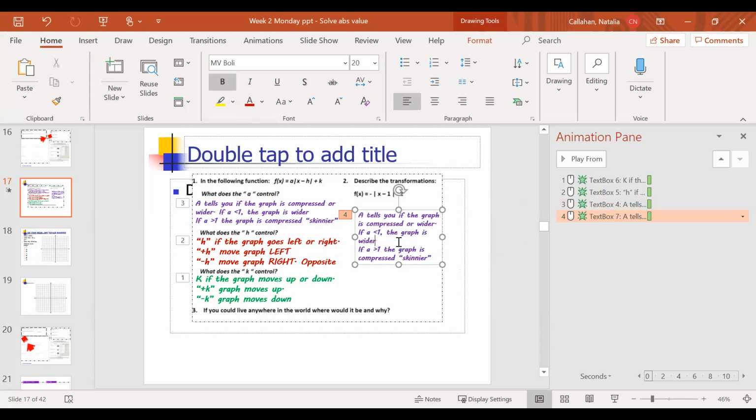If it is a negative A, it's a sad face. And if it's a positive A, it is a happy face.